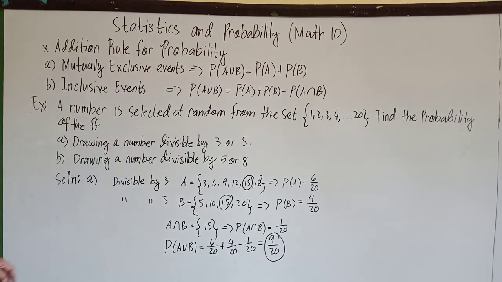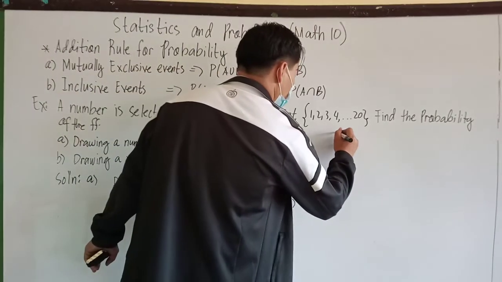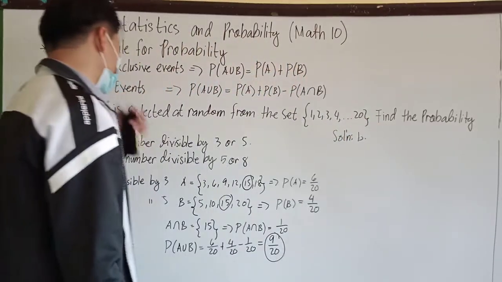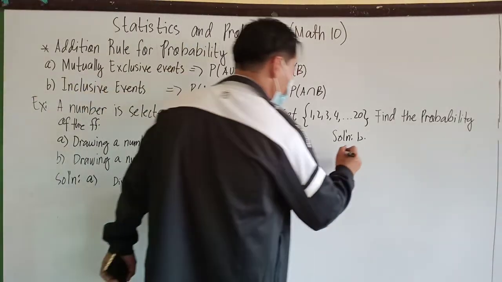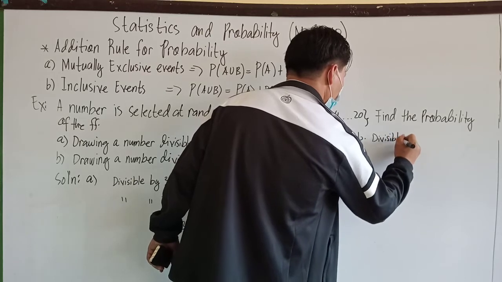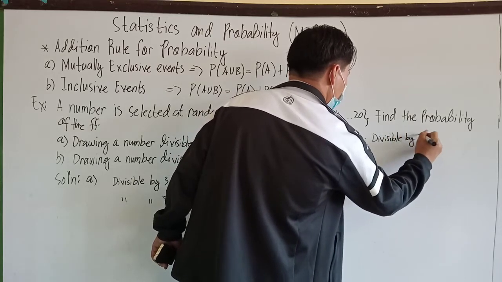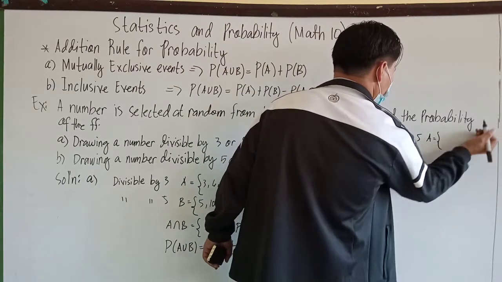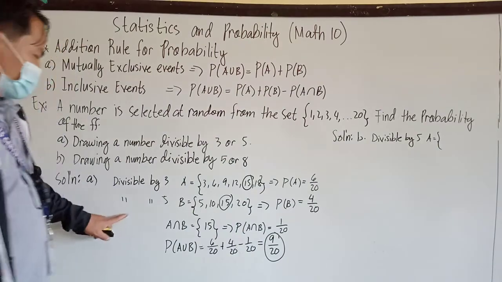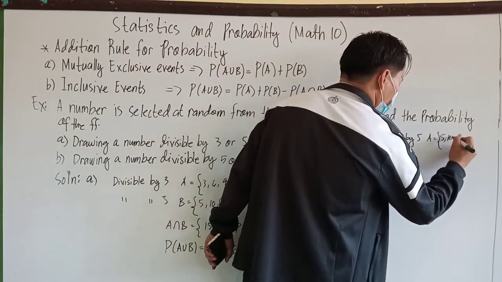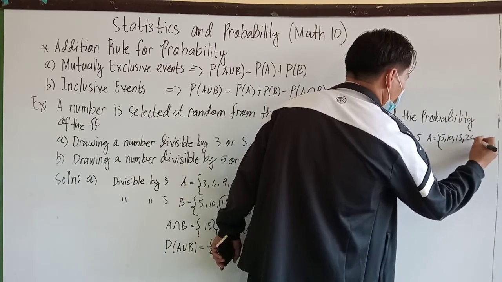What about the second? For letter B, drawing a number divisible by 5 or 8. Number divisible by 5, we let that one be set A. Numbers divisible by 5 are 5, 10, 15, and 20.